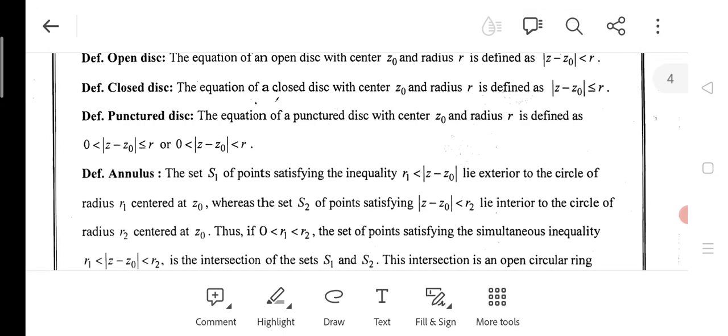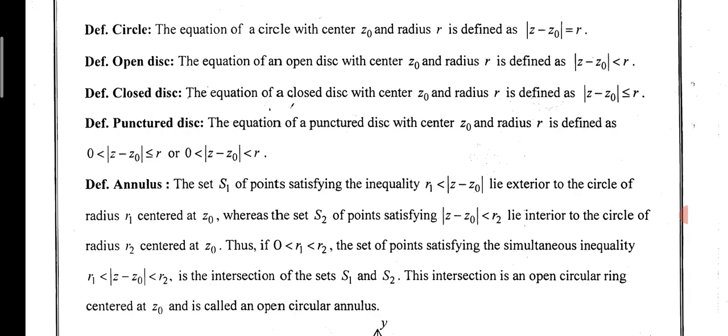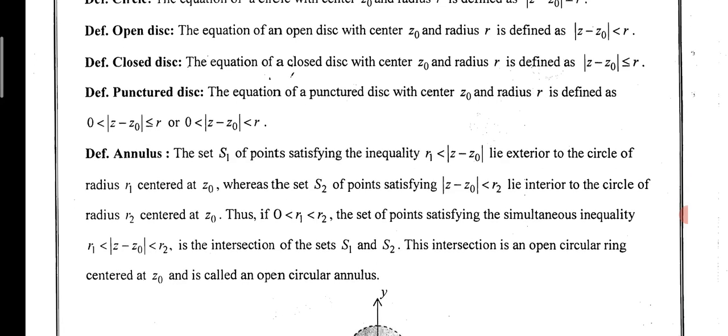We move to the next definition, the annulus. The set S1 of points satisfying the inequality R1 less than mod z minus z naught lies exterior to the circle of radius R1 centered at z naught, whereas the set S2 of points satisfying mod z minus z naught less than R2 lies interior to the circle of radius R2 centered at z naught.